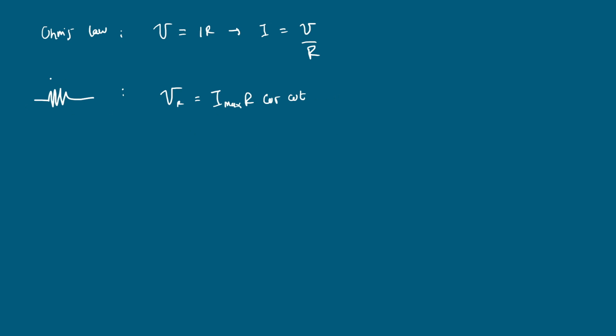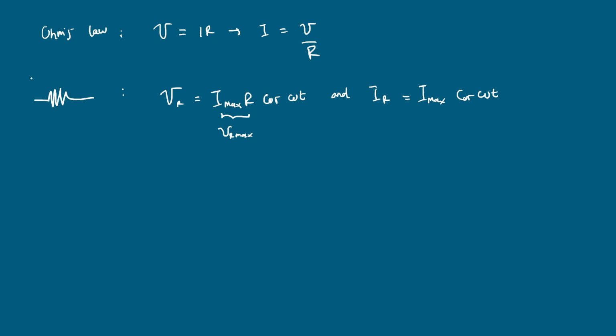Because VR and IR are in phase, IR is I max cosine omega t. Here I max times R is equal to VR max. Let's focus on this form: I max R represents the value of VR maximum based on Ohm's law.